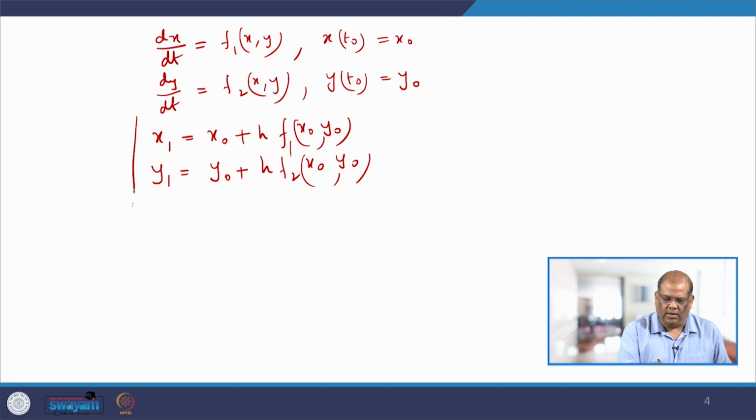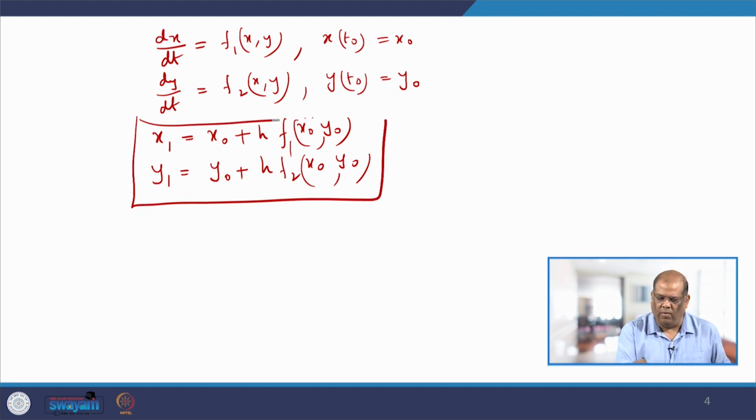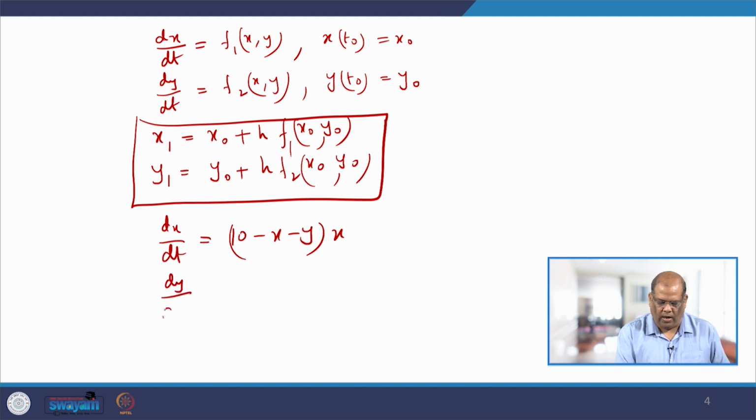So, with this as the formula for a system of differential equation, in this case 2, we now solve the example dx/dt is equal to (10 minus x minus y) times x, dy/dt is equal to (15 minus x minus 3y) into y.